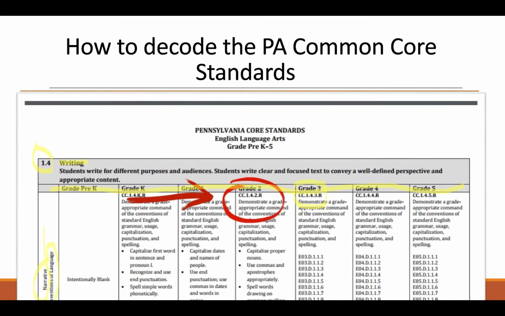Now, many of the standards have these substandards listed. These substandards can easily be Googled, E03.D.1.1 and then a digit, maybe 4. Each one of these substandards will be a very specific standard, a part of the standard. For example, they may be capitalizing proper nouns or using commas, apostrophes appropriately.